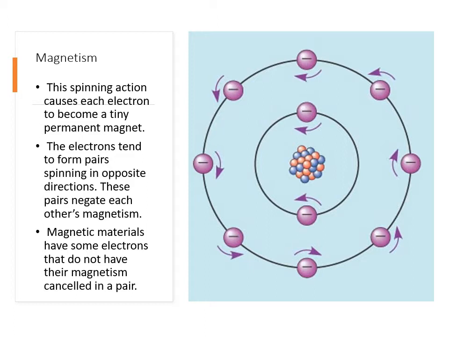A magnetic material has a number of these domains lining up, so that the little magnets of the electrons spinning on their axes will add together to form a much larger magnetic force.